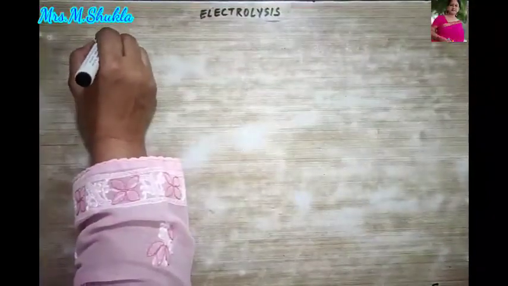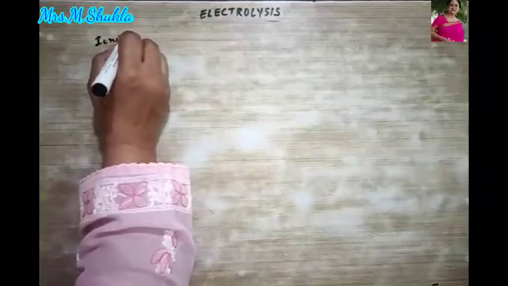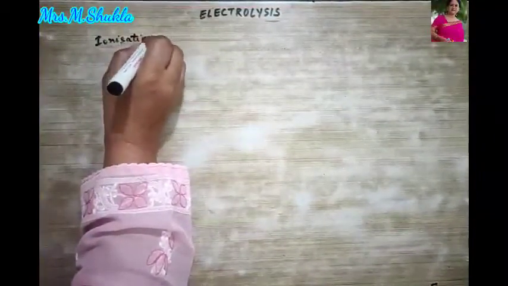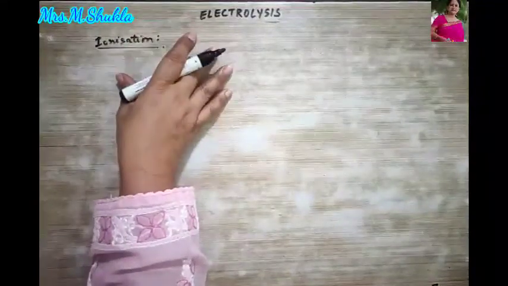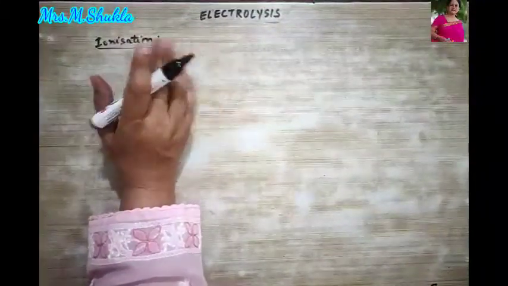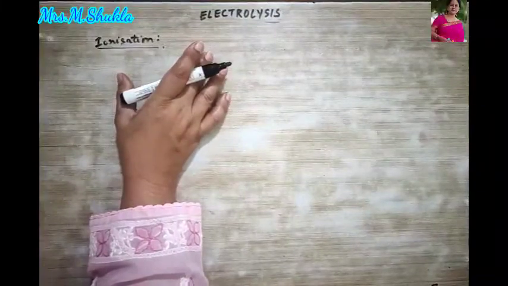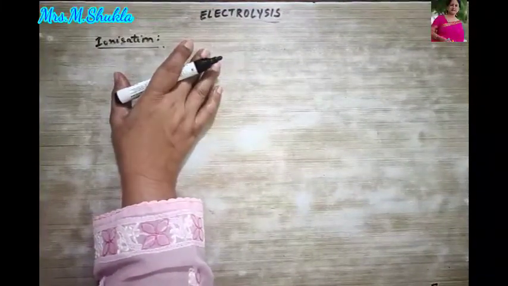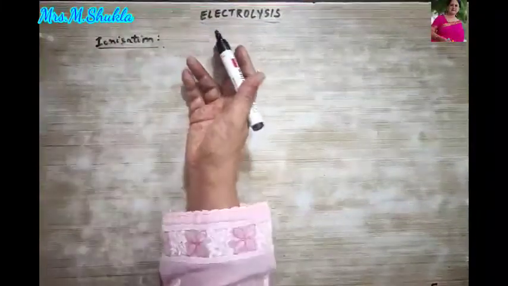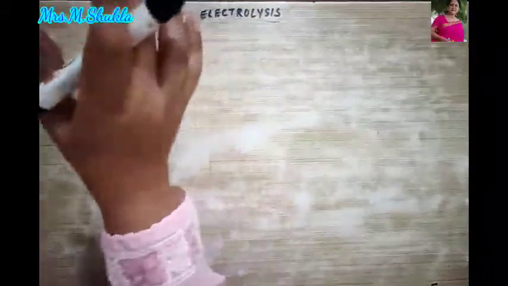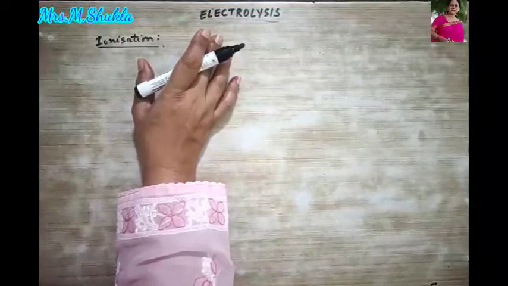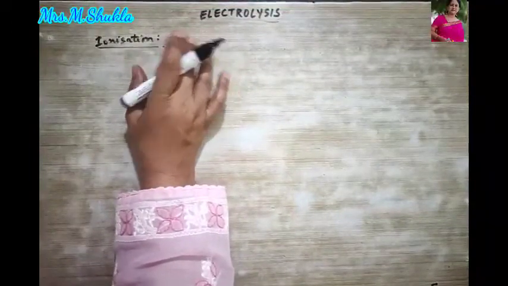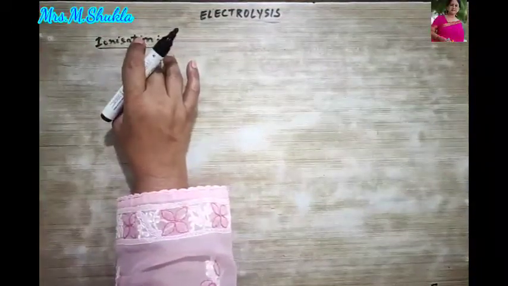Let's talk about ionization. There are certain covalent molecules which are not at all made up of ions, but they form ions when they are dissolved in water. These kinds of solutions conduct electric current. So what did I say? How can we define ionization?